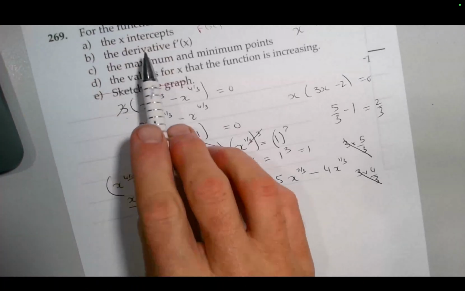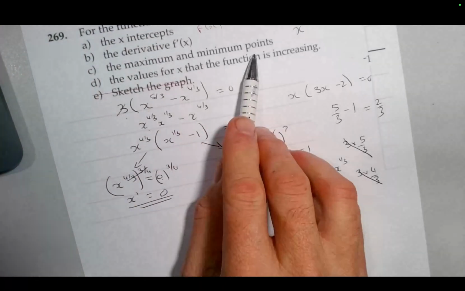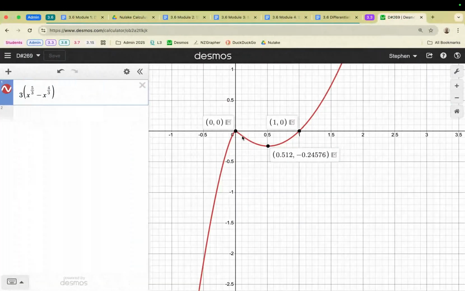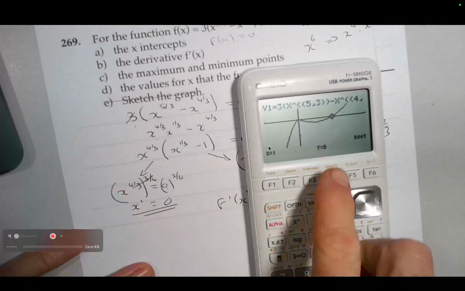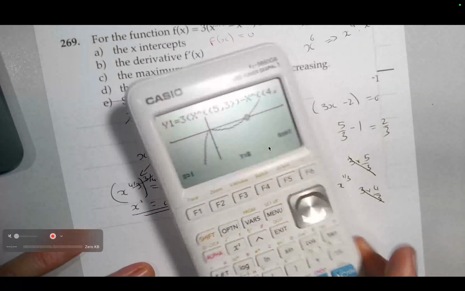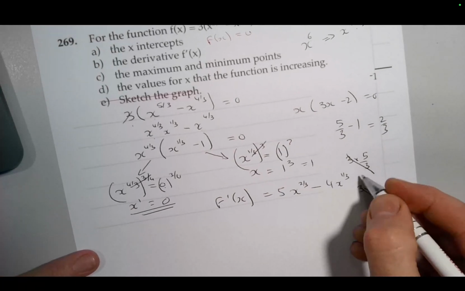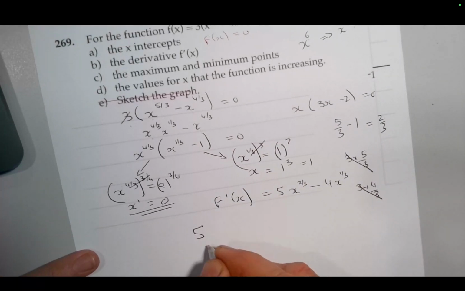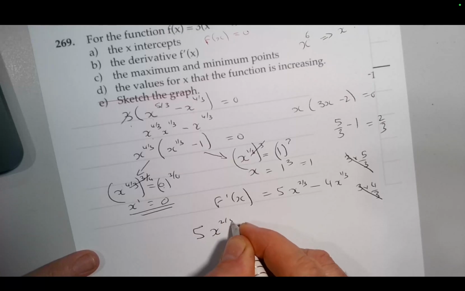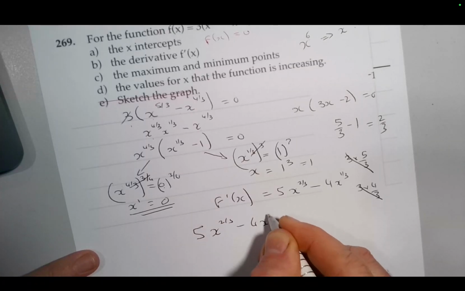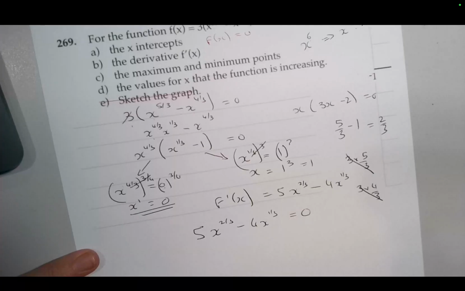Okay, and find the maximum and minimum values. Obviously, we can straight away see what they are from the graph. The minimum's down here, and we can find that minimum using this. But algebraically, let's put this equal to 0. So same process, 5x^(2/3) minus 4x^(1/3) equal to 0.